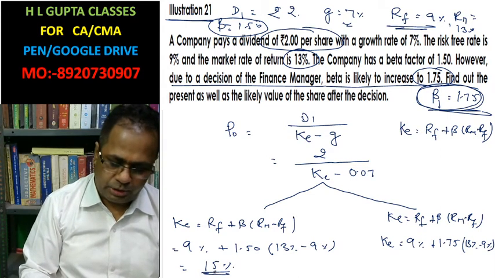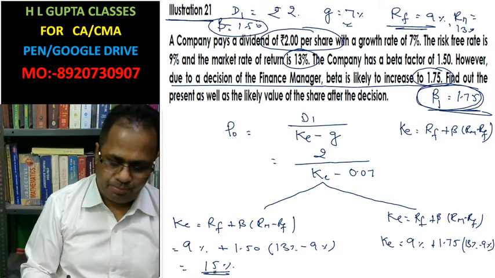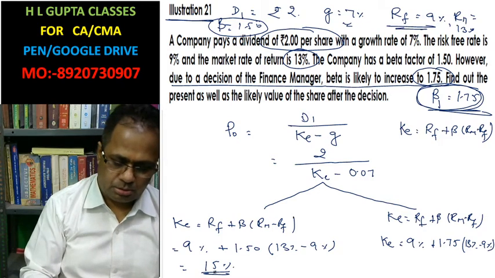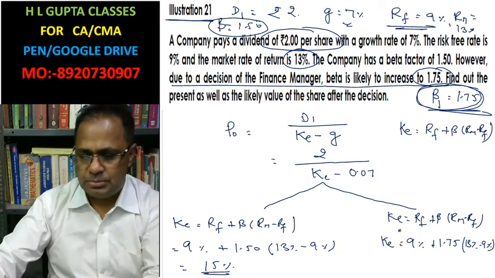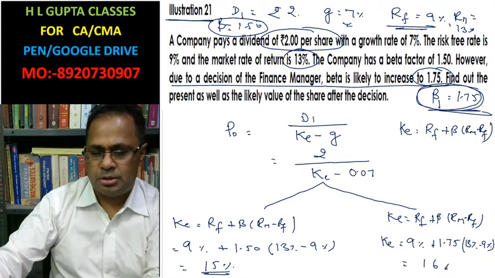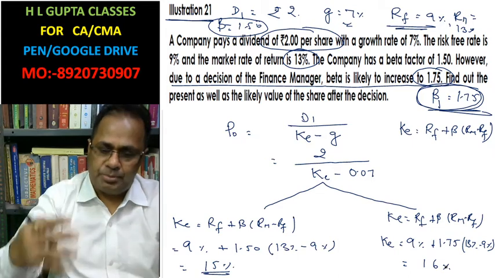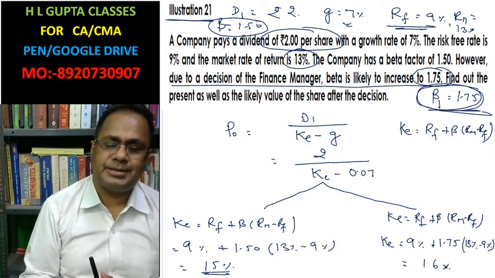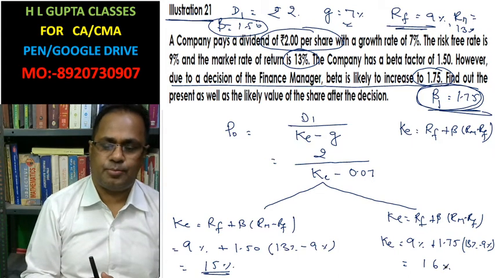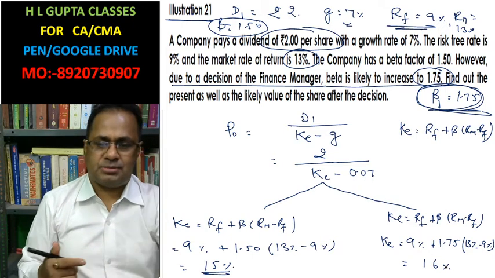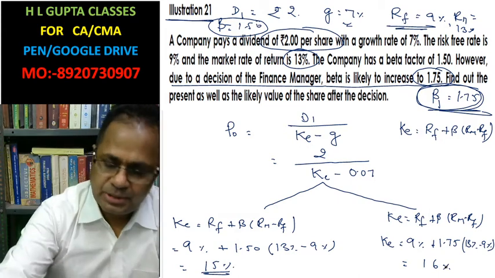Here 4 into 1.75 plus 9 becomes 16%. So in the first case the cost of equity is 15%, and in the second case the cost of equity is 16%.